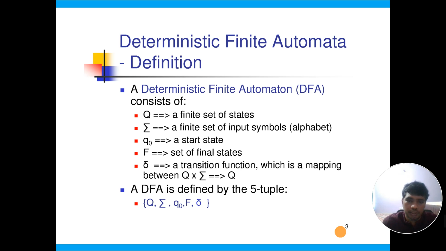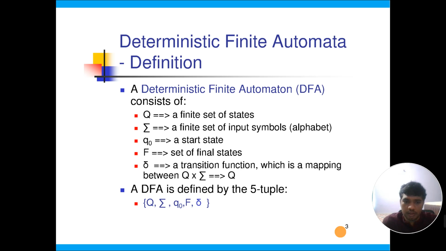And next, F. A string is accepted by a finite automata if it reaches a particular state. Out of all states we can categorize them into a set of final states and non-final states. The set of final states is denoted by capital F. And next, the transition function. It is a mapping from a state q and an input from sigma to another state.